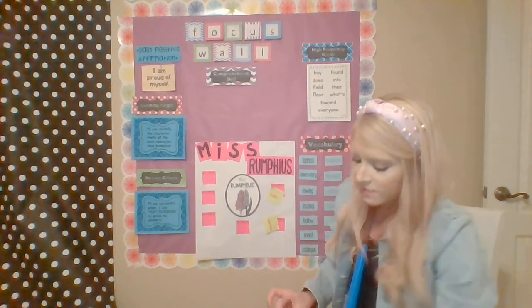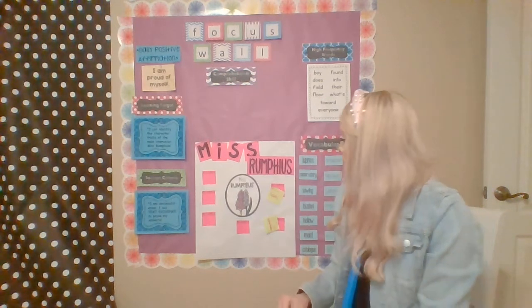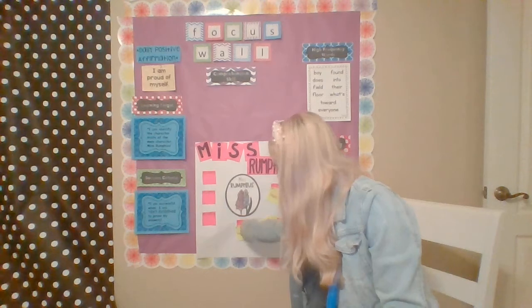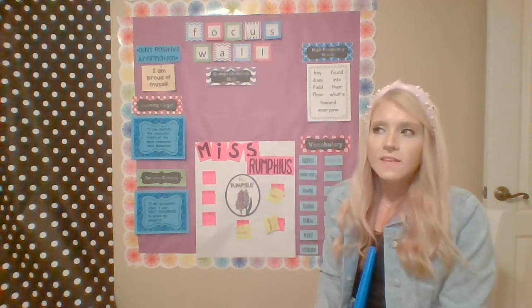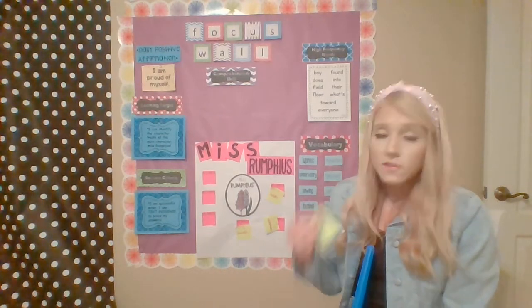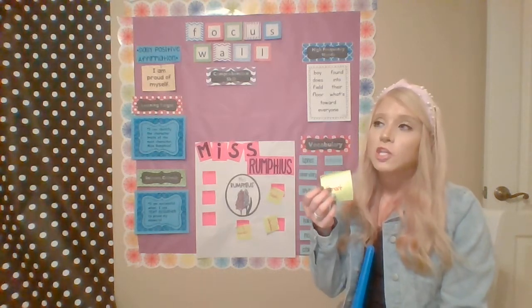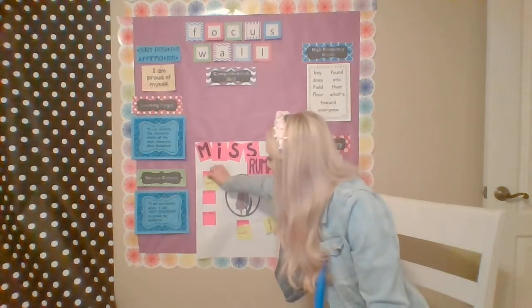So we're going to stick that up there. Okay. And the next one I thought of, and this is actually an inside trait too, is smart. Because she was very smart, that means very intelligent. She thought things through, and she just knew a lot about a lot of different things.